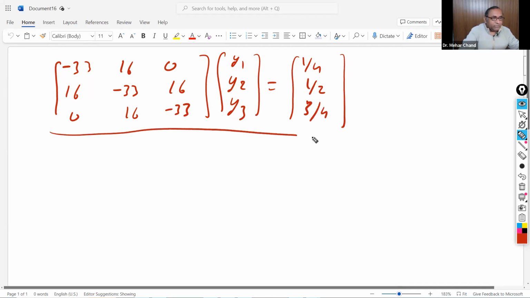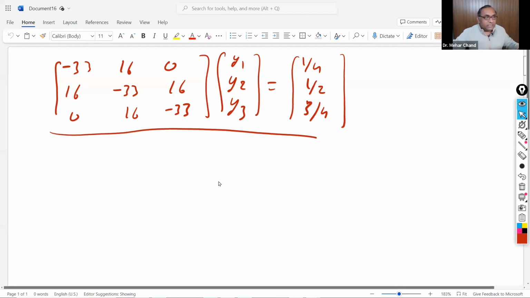Now you can use any method to compute the values of y1, y2, y3. There are several numerical approaches to find the solution of the system of equations. In this way we can easily convert the system of equations into matrix form by using the finite difference approach, and then we can write a program for the same.